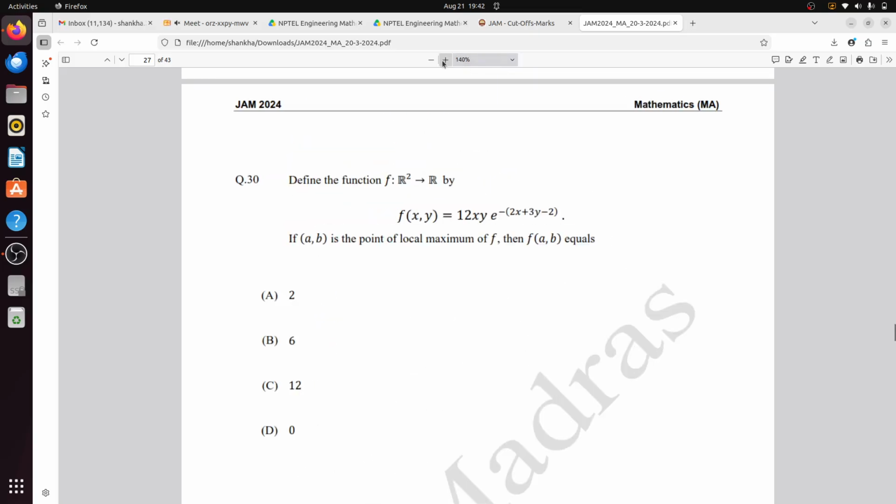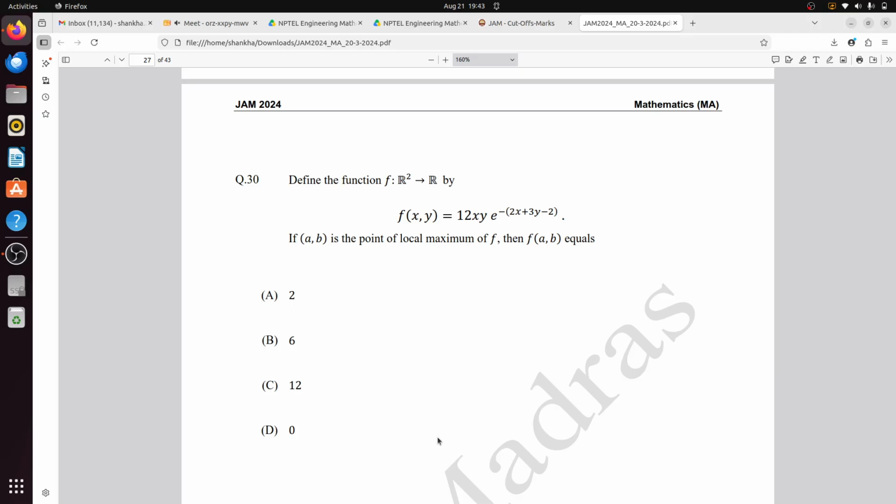Define the function f from R2 to R, f(x,y) = 12xy e to the power minus 2x plus 3y minus 2. Taking del f del x, you will get 12y minus 3, which will be 0.